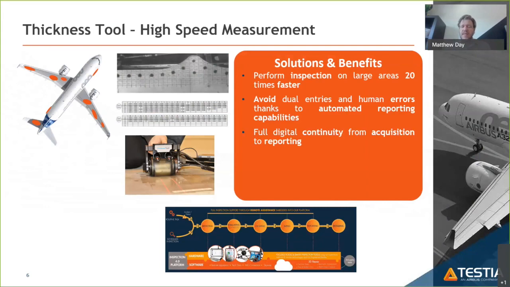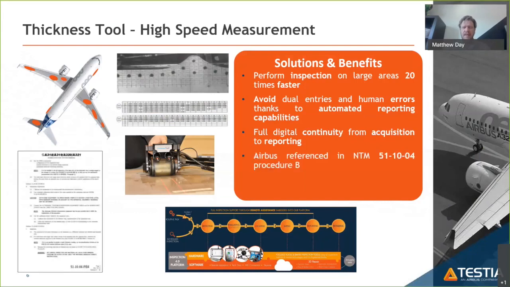The system is fully digital, continuity from acquisition to reporting, and what that means is that it's a completely digital process. So once we start the inspection through to reporting, there's no other contributing factors required. And it's referenced in the Airbus NTM 5110-04 Procedure B. So it's already a validated inspection process.